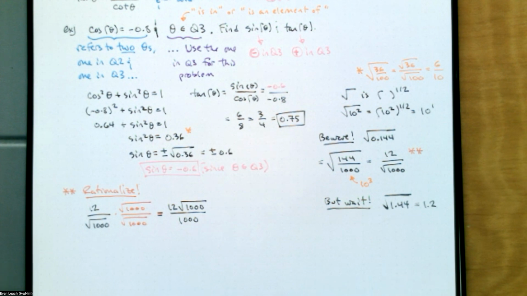This is still a little bit excessive. The 12 and the 1,000 have something in common. So this is not simplified, but it is rationalized.